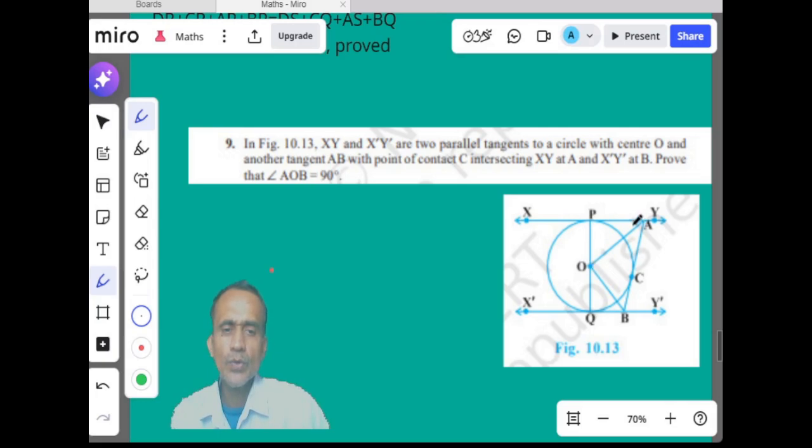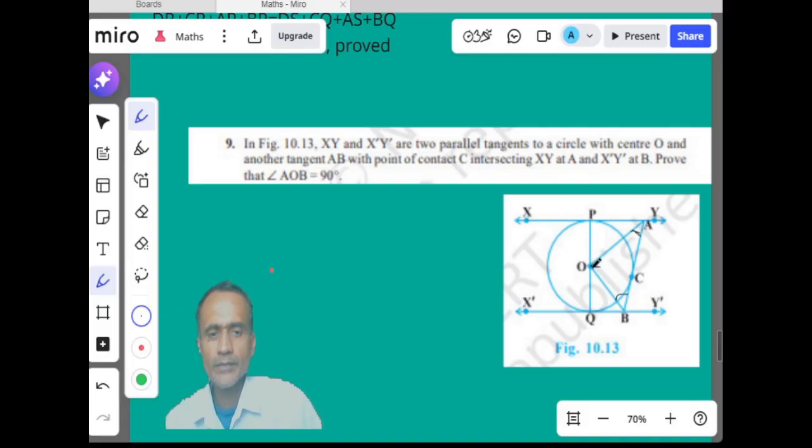So how to prove that the sum of this angle and this angle is 90 degrees? So what we do is this construction.